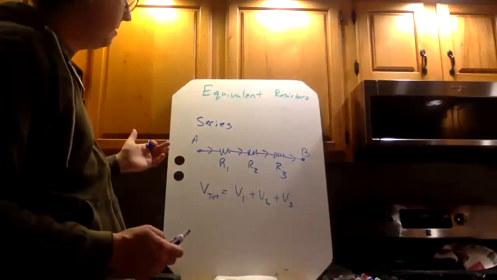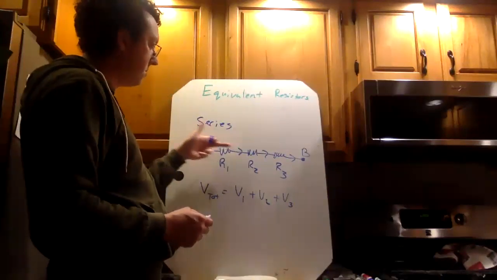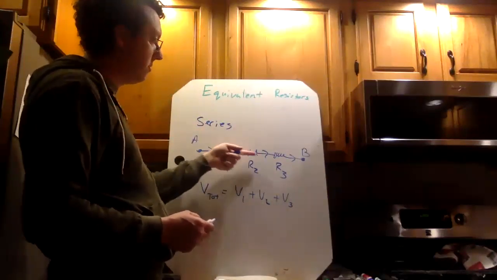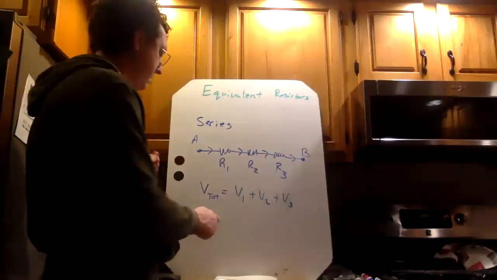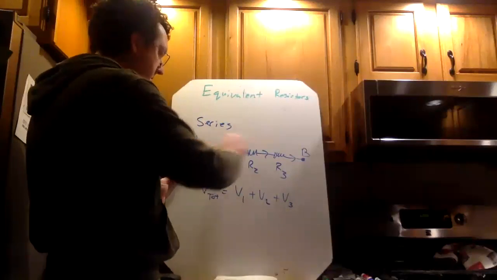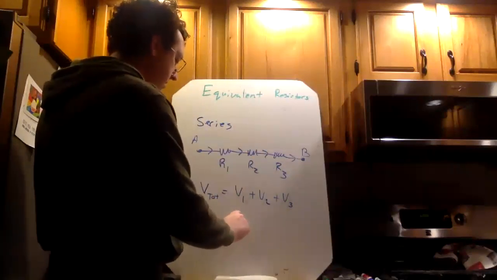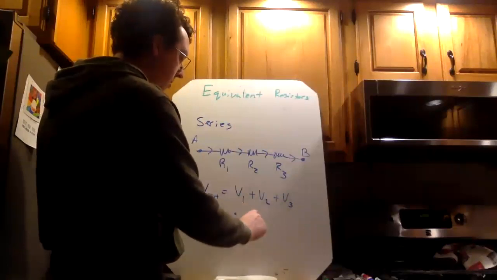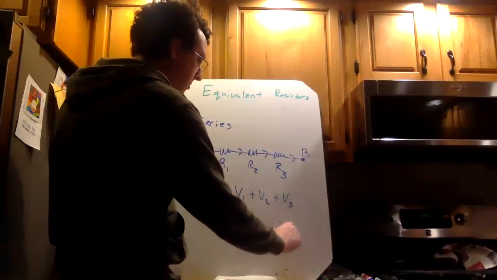On the other hand, the current through this resistor is the same as the current through the second one, is the same as the current through the third one. The currents are all the same. So the total current is the same as the current through resistor 1, is the same as the current through resistor 2, is the same as the current through resistor 3.